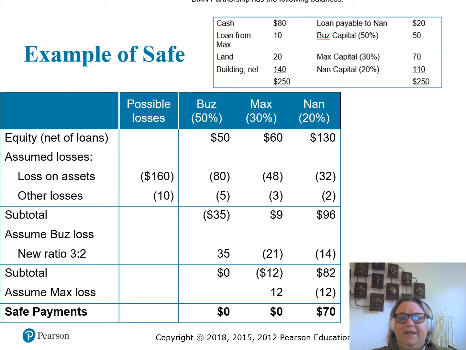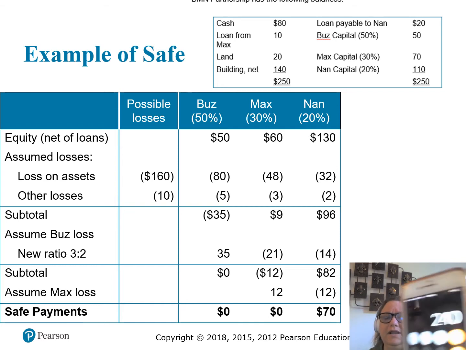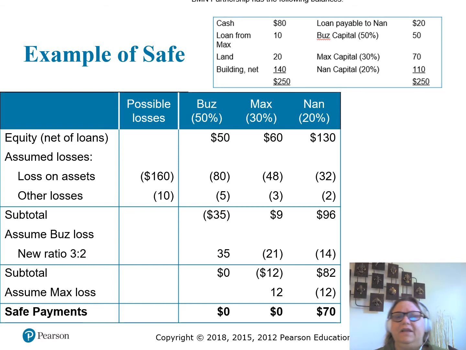I want to show you where we got these numbers. 130 plus 60 plus 50. All right, so there's 240. Now, what's missing from that so that it doesn't equal? Right here, this loan, net of loans. So the loan just gets shaved right off.